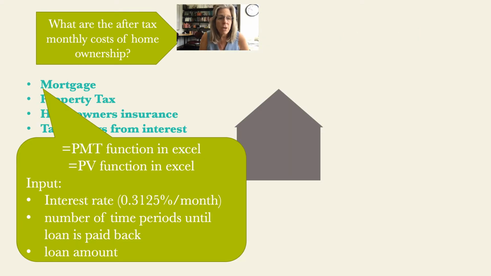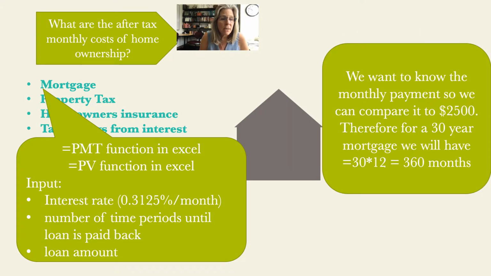The next thing I want to do is calculate the number of periods. So how many periods? It's a 30-year loan. Remember I said most people do have a 30-year loan, but we're looking at months, so the payments per month. That's why we take 30 times 12, which is 360 months.